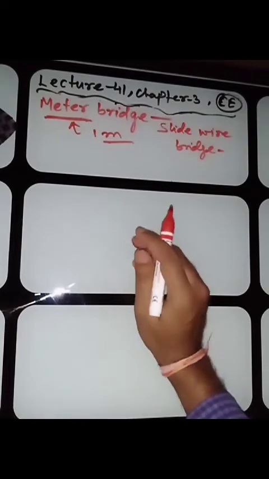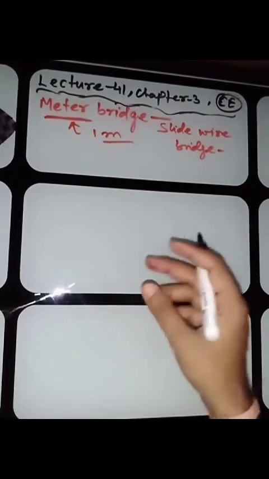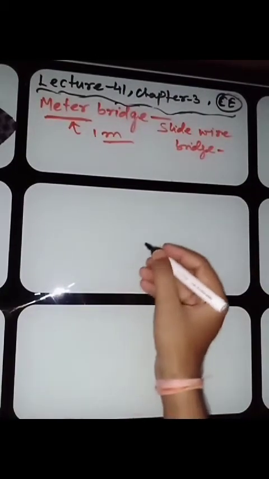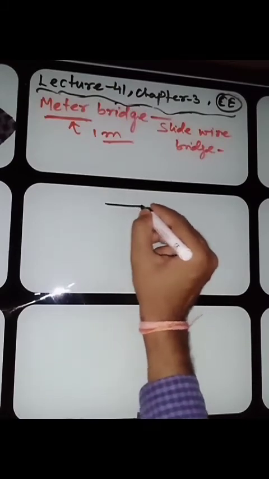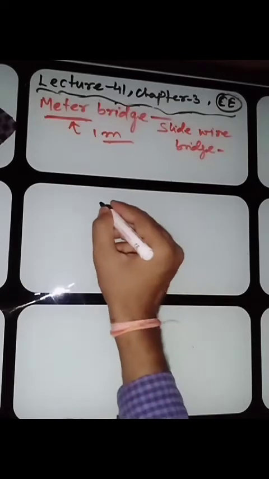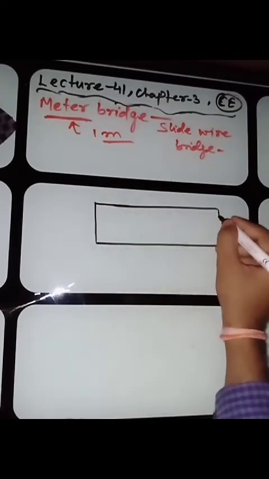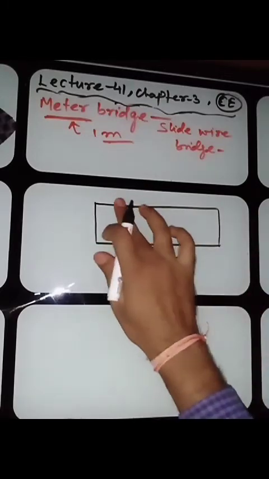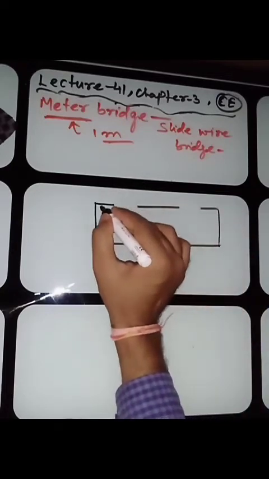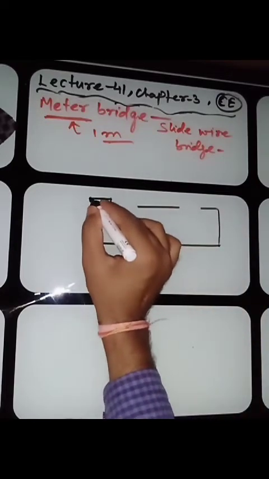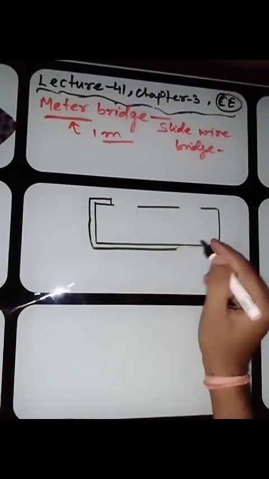Let me stop the video, and finally you will see a meter bridge. Let me draw it before you so that you will learn to draw it. My dear students, it is made up of a wooden board that is non-conducting.